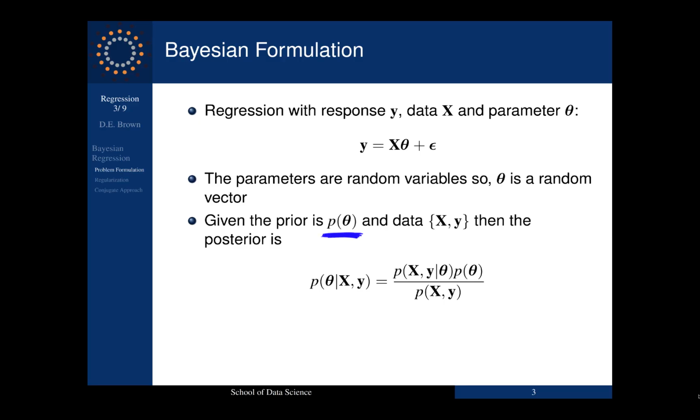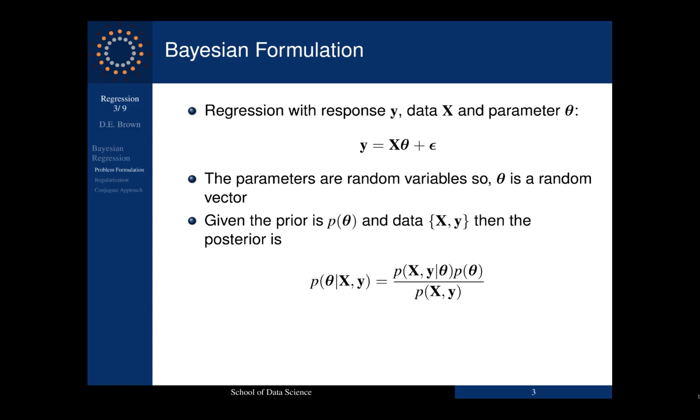Okay, given a prior for this random vector, which we'll call P of theta, and data, which again is a classic formulation, we have a data matrix and a response vector, then we can express the posterior in terms of the data that we have. So this is x and y, and the parameters are of course the thetas.